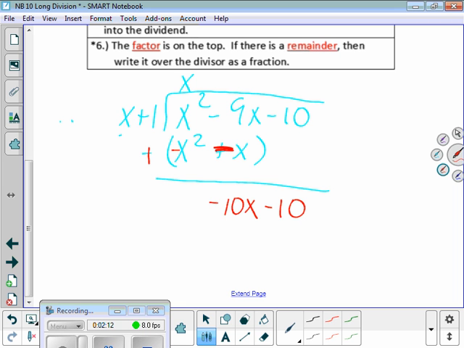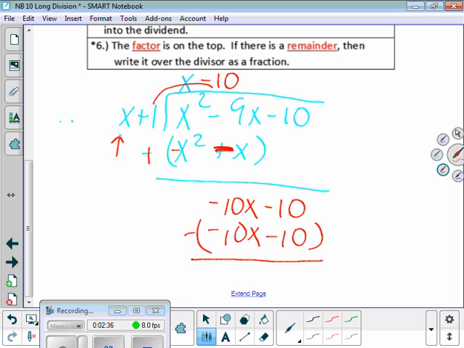Now I need to make this same x right here look like negative 10x. What would I multiply x by to make it negative 10x? Negative 10. So negative 10 times x is negative 10x. And of course, we can't forget we've also got to multiply that 1. So negative 10 times 1 is negative 10.